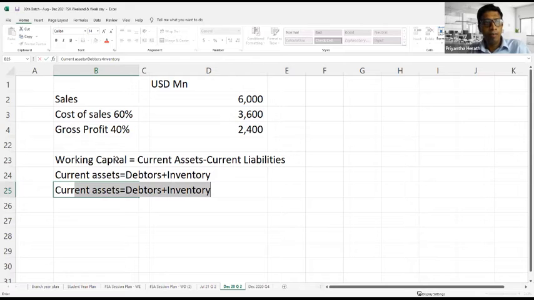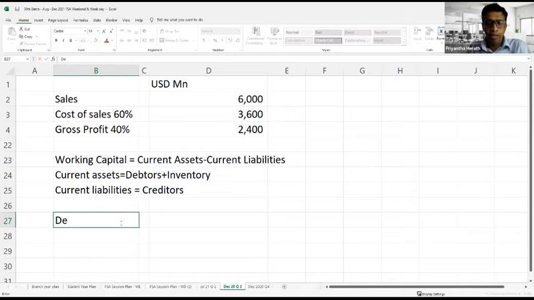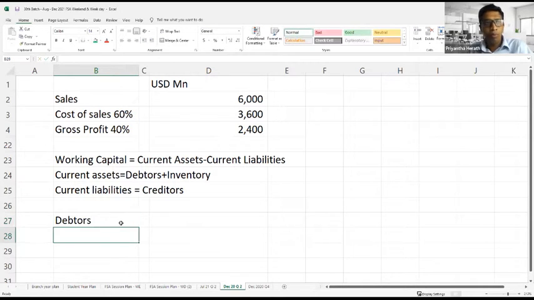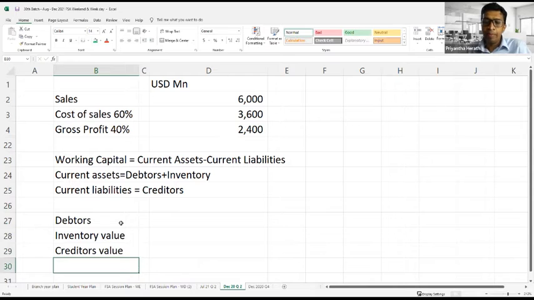And current liabilities include mainly accounts payable or creditors. Right? So what you need to do is estimate debtors value, then inventory value, and creditors value. Estimate these.